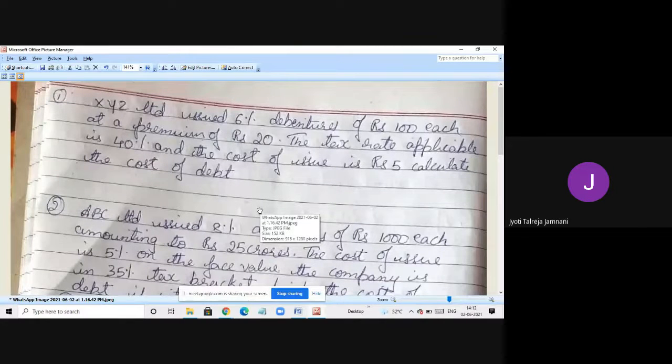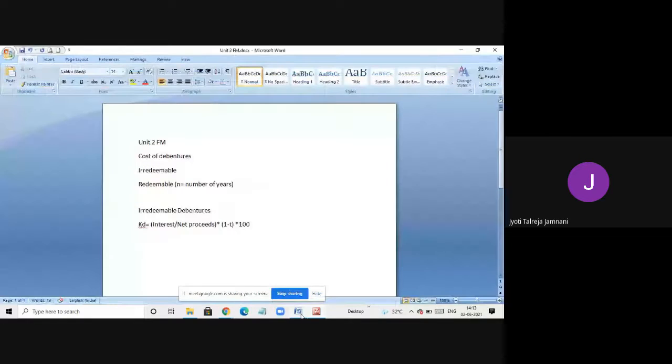So XYZ Limited issued 6% debentures of rupees 100 each at a premium of rupees 20. So we will write down all these values, what all is given. So here interest is 6%, face value, it is issued at rupees 100 each, so face value is 100, and it is issued at a premium, so premium is 20 rupees.